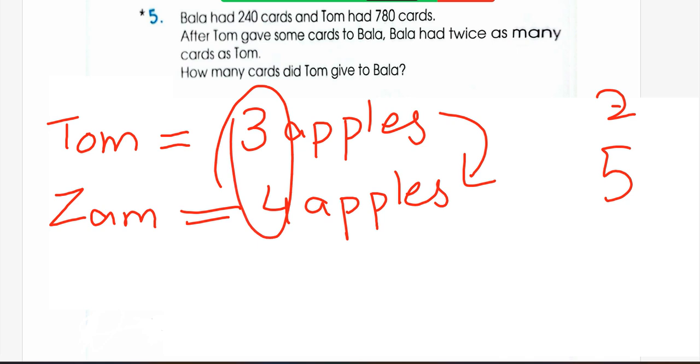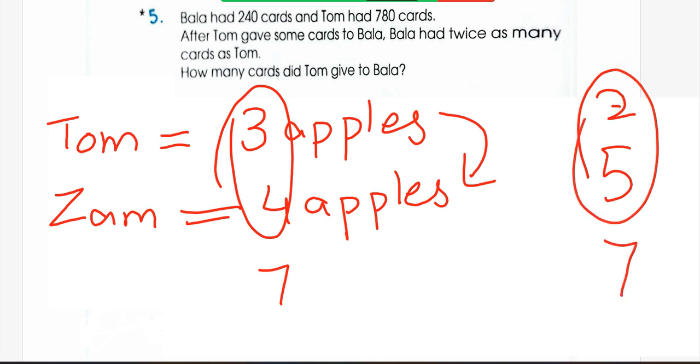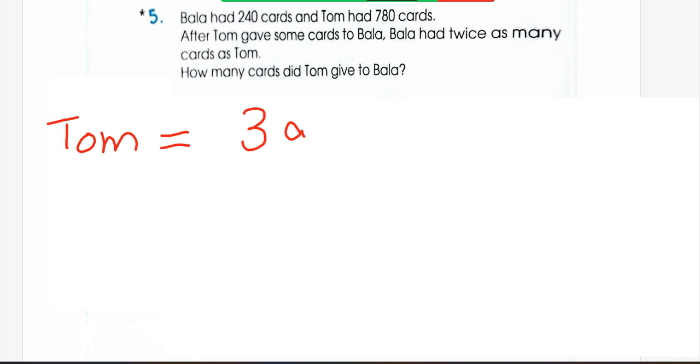Again, if we do the total, 4 plus 3 is 7, 5 plus 2 is 7, right? The total number of items will remain the same. Okay, now is this thing clear to you? Now I will do this question.